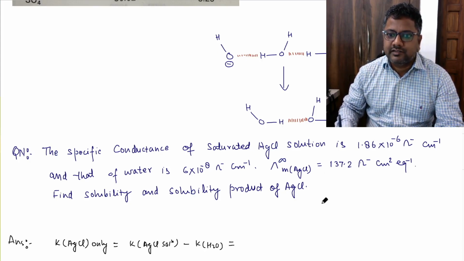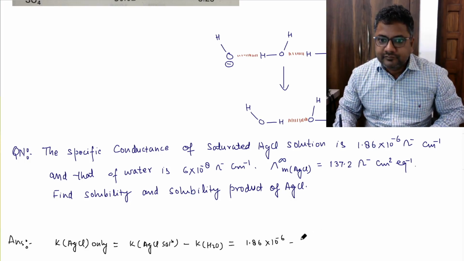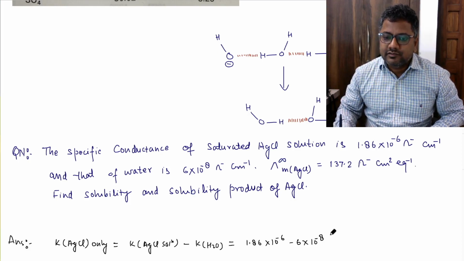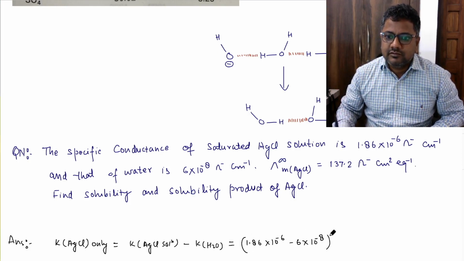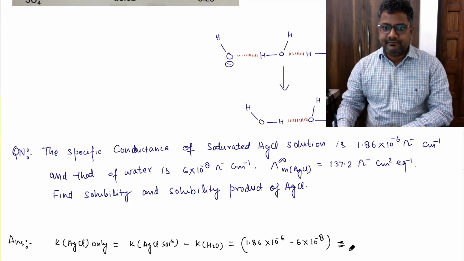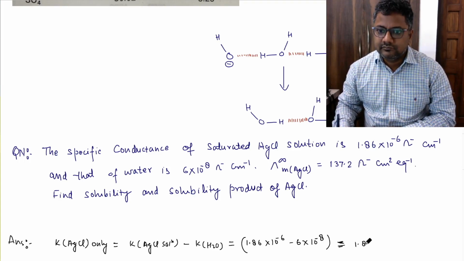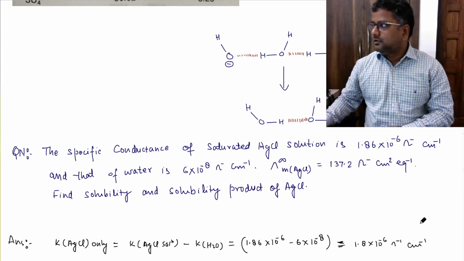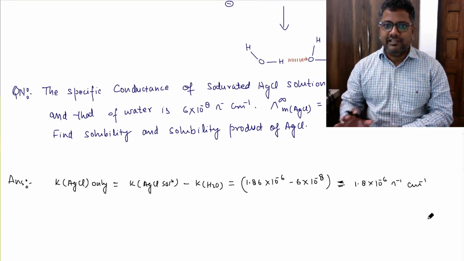Kappa of AgCl solution is 1.86 into 10 to the power minus 6, minus 6 into 10 power minus 8. So this is equal to 1.8 into 10 power minus 6 ohm inverse centimeter inverse. So you have calculated kappa for AgCl.